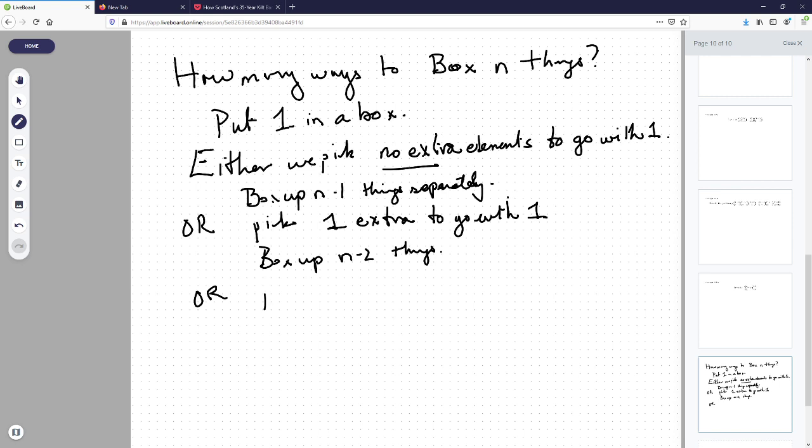Or you pick 2 things, which means you have to box up n minus 3 things.